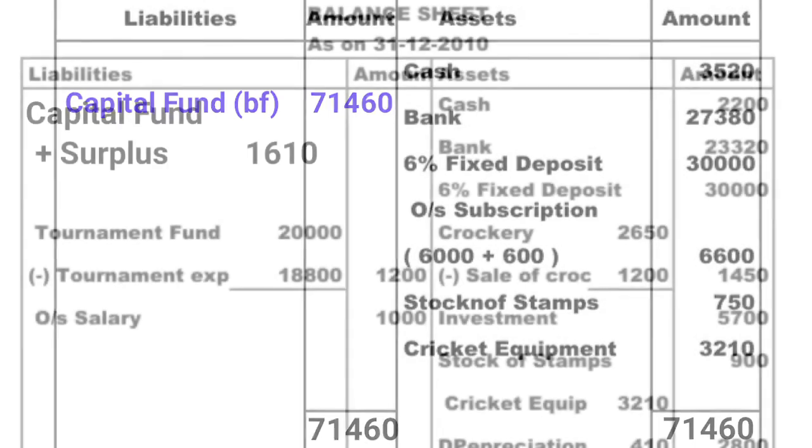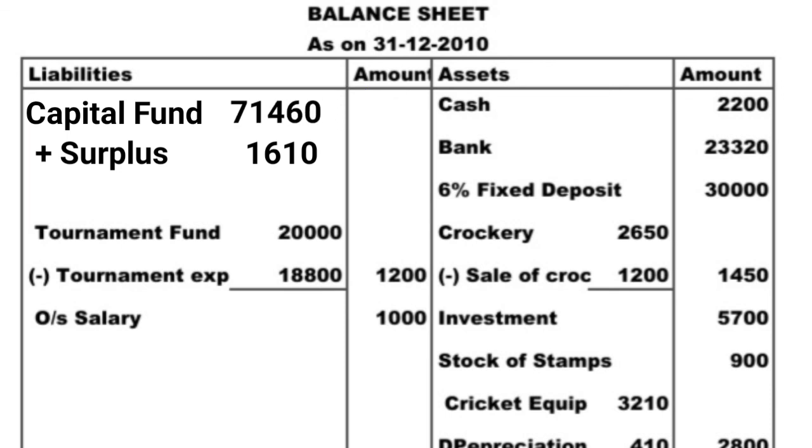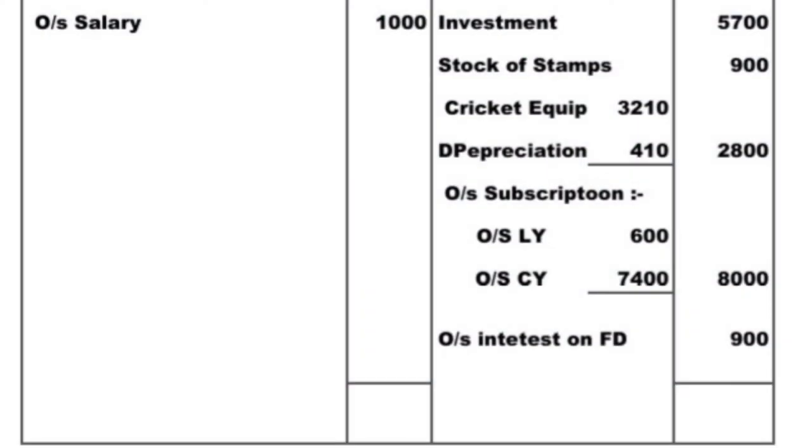This capital fund we will write here in the current year balance sheet. Capital fund 71,460. Add surplus 1,610. The total amount is 73,070. And total this asset side and liability side. Total amount is 75,270 on the asset side and 75,270 on the liability side also. Completed.